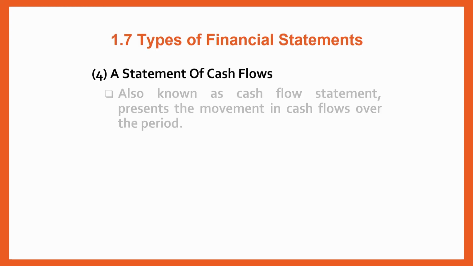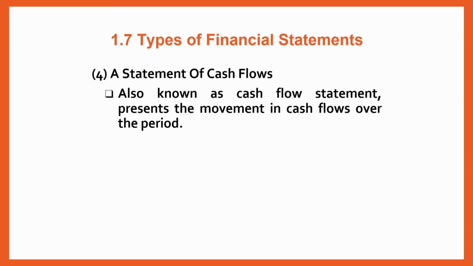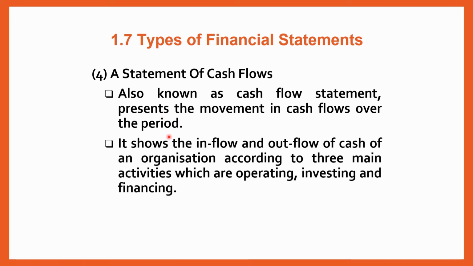And the last one, another type of financial statement, what we call a statement of cash flow, also known as cash flow statement. It presents the movement in cash over the period, and it shows the inflow and outflow of cash of an organization according to three main activities, which are operating, investing, and financing.